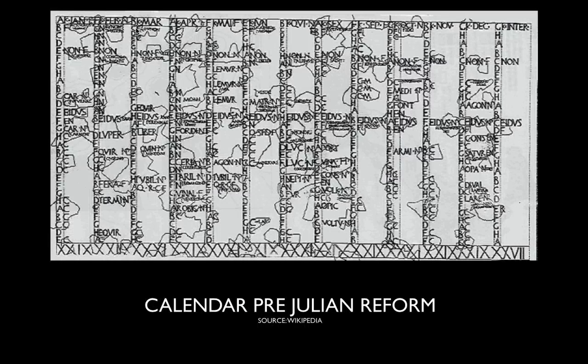We are just going to try to make some sense of it, just like we're going to try to make sense of this. This is the pre-Julian reform, and it is basically a sketch of a wall that we have some remnants of. Each column is a month, and each row or letter on the left represents the numerical date. If you look all the way over on the right, you can tell that there are two major items listed, the nones and idus.